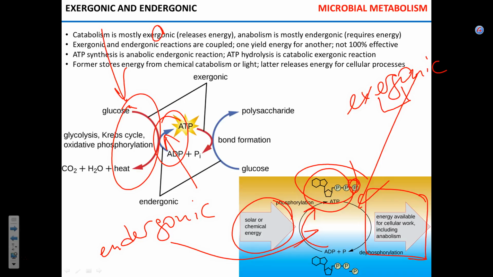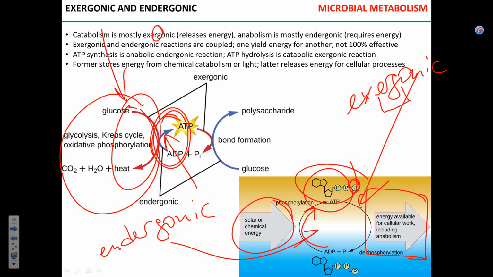You gotta have one reaction that will release energy, like oxidative respiration. And this reaction will fuel the energy accumulation, the synthesis, in this case ATP production. Does that make sense? So the endergonic and exergonic reactions are coupled.